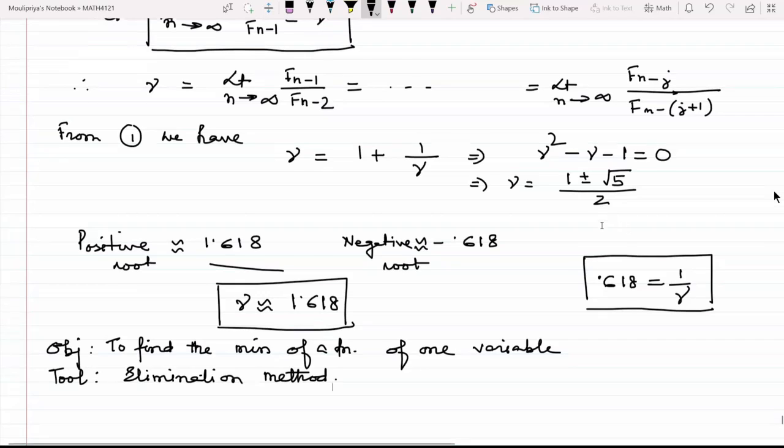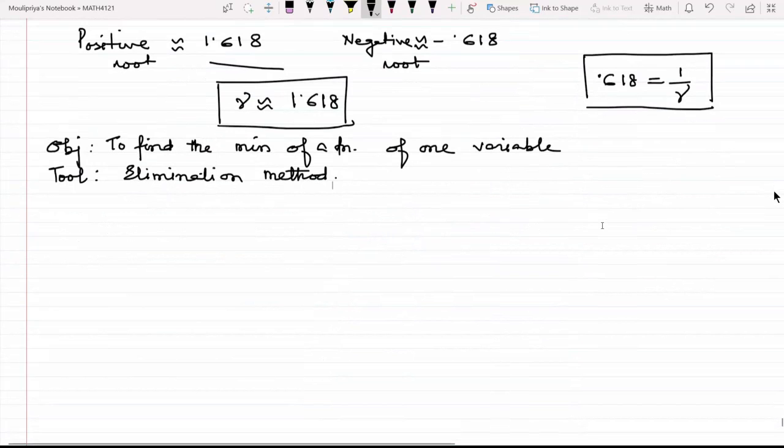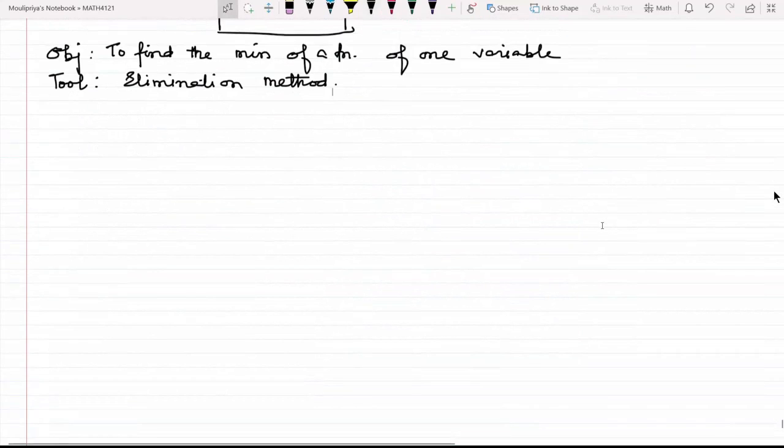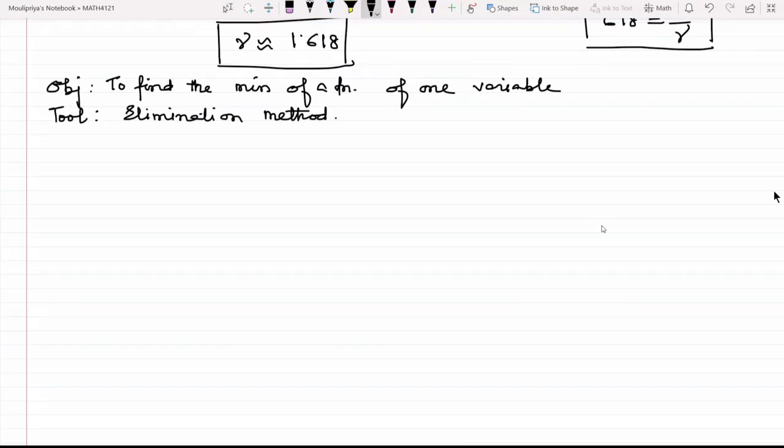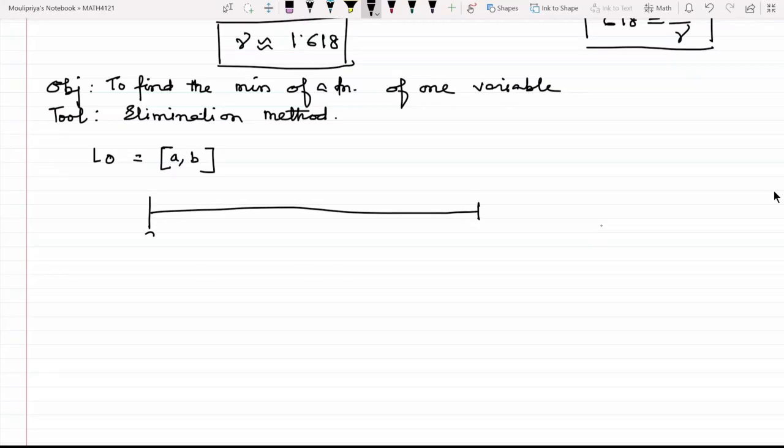So I will quickly tell you the derivation and some important features. If I consider the initial interval of uncertainty to be L0, and if I have a pictorial representation of it, this is A, this is B. This is my L0.